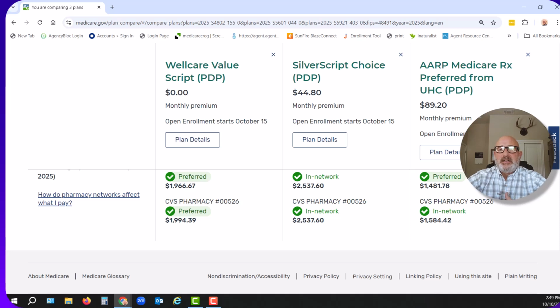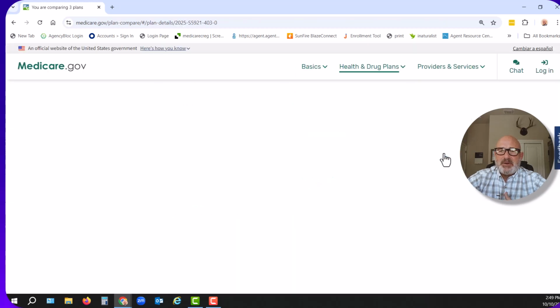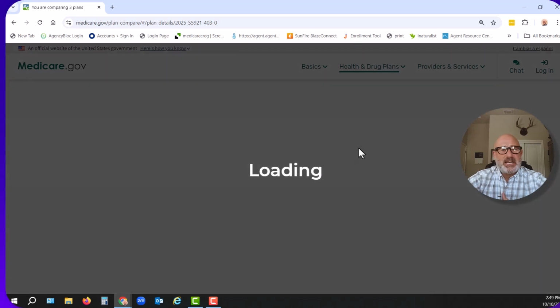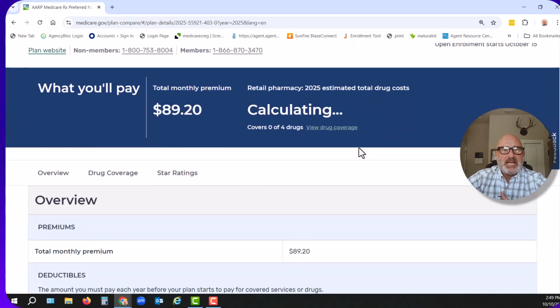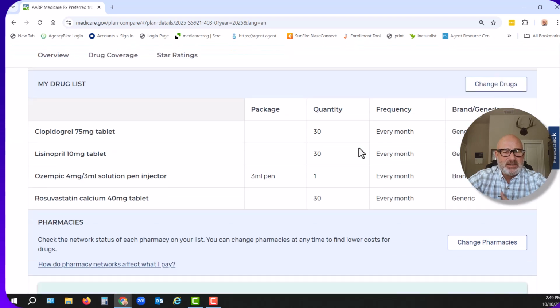Okay, now, plan details. And you'll notice it's a little different at CVS versus HEB. Now, I'm not going to go through all this because I don't want to bore you to death, but this is a way you can see more detailed information.